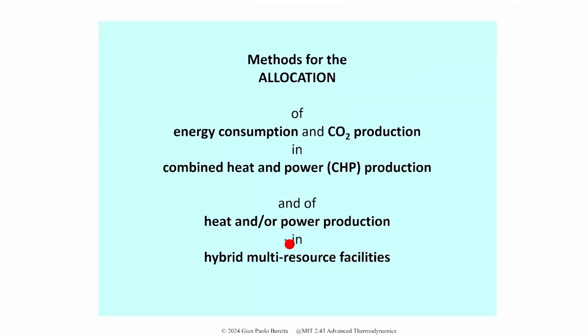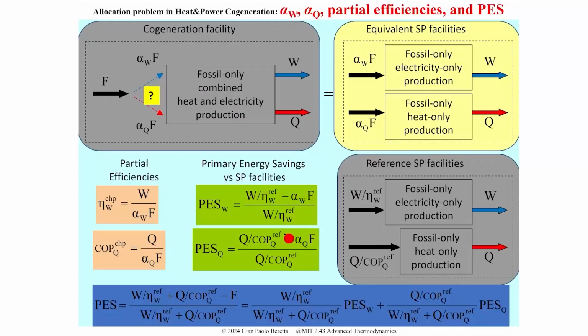So that brings us to the problem of allocation. We have already discussed that in a cogeneration facility, it amounts to defining these coefficients alpha that are the fractions of the fuel that we assign to the two products. And we've seen that this assignment is a bit arbitrary. There is no law of physics that tells us how to do it.